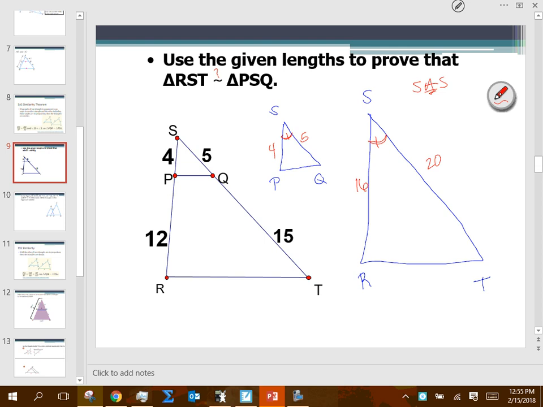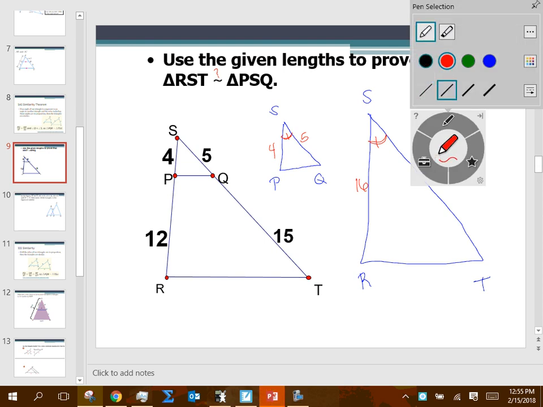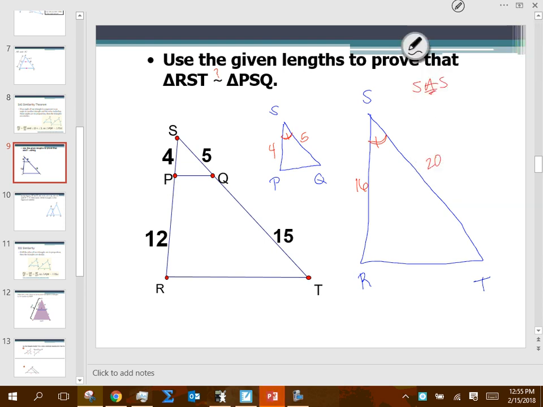If they're going to be similar, we need to check the proportion of corresponding sides. So what is 4 going to relate to over here? Not because they're both on the same line, or both the same left-hand side. It's because 4 is, of the values I know over here, the smallest one, so it's got to be compared to the smallest one that I know over here, if they're going to be proportional or similar at all.